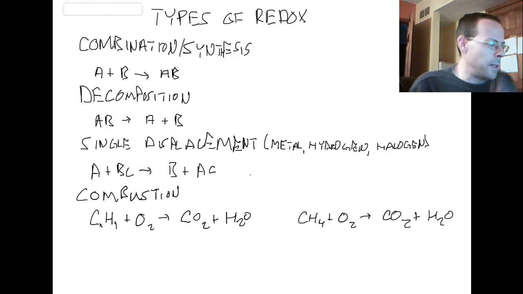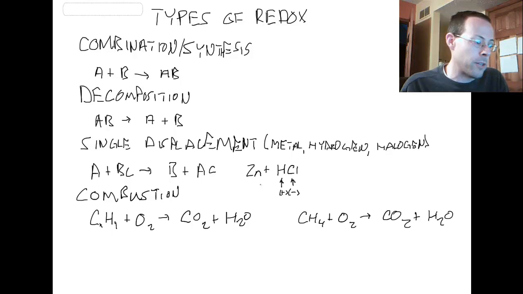Our next one, let's say we react zinc with sulfuric, or we'll just do hydrochloric acid. What happens here is in hydrochloric acid we have a cation, which has a positive charge, and an anion, which has a negative charge. Zinc is a metal, so when it's an ion, it always has a positive charge.